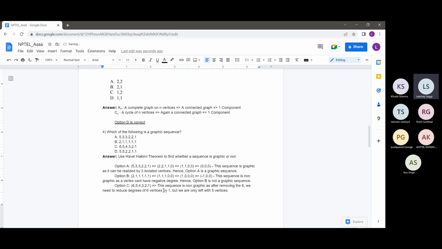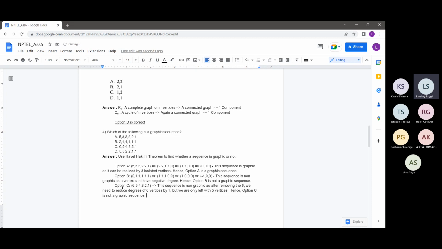I need to reduce value of 6 vertices by 1, but we only have 5 vertices. So I can't reduce value of 6 vertices. So hence option C is not a graphic sequence.